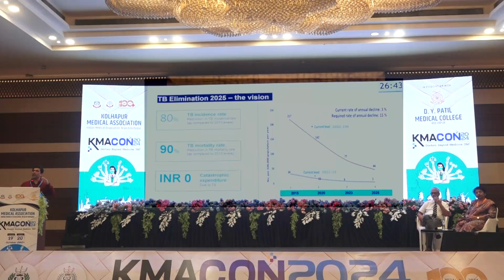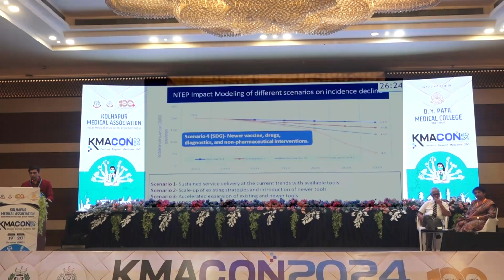So there is still a long way to go. To address this and to accelerate the decline, there are certain intervention and implementation strategies which have been incorporated in the National TB Elimination Program. So we're going to have a look at what the strategies are.